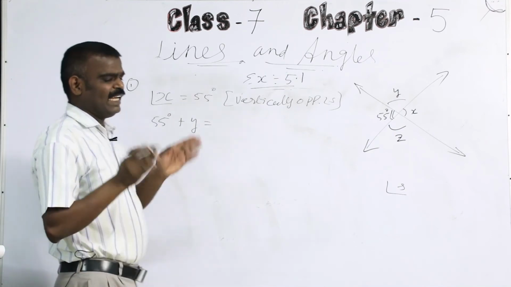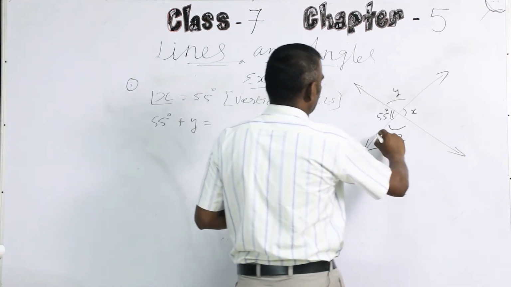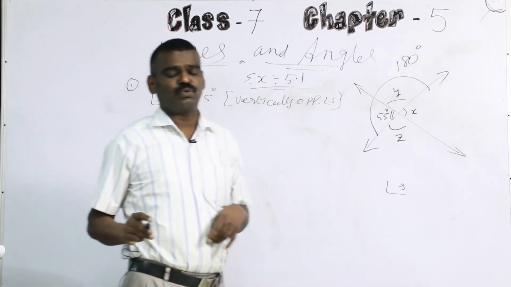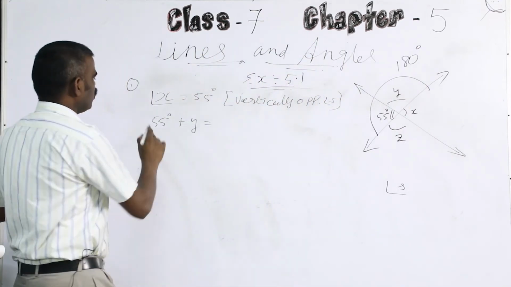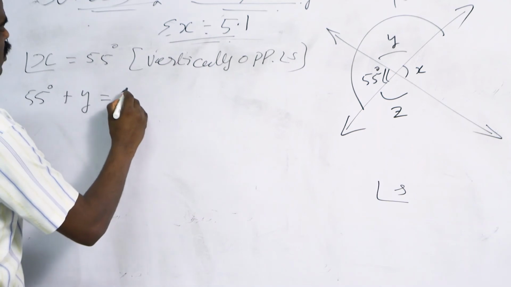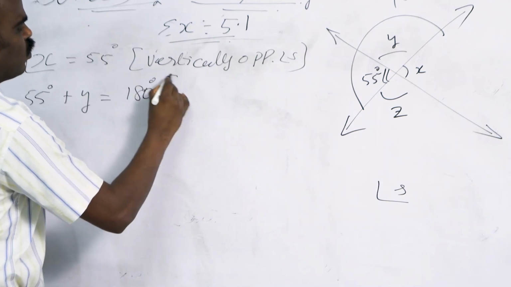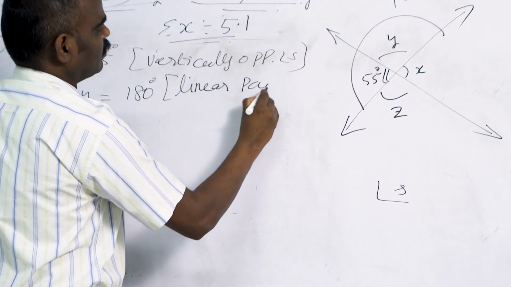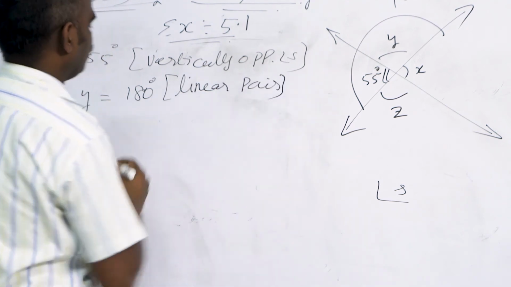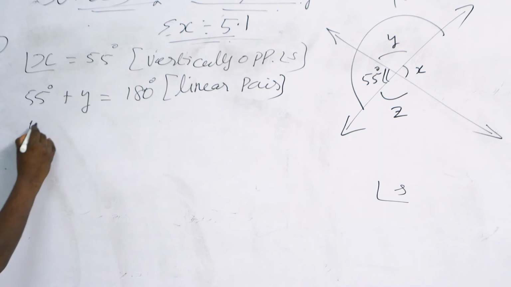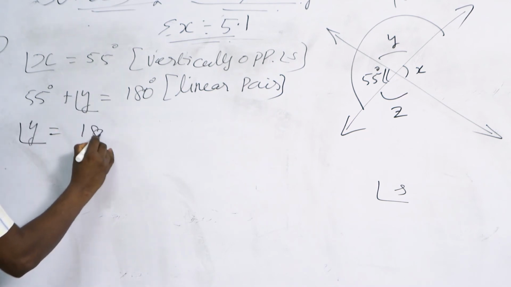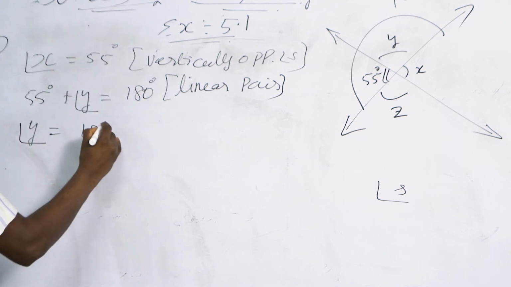A linear pair is always 180 degrees. So 55 plus y is equal to 180 degrees. Y is equal to how much? 180 degrees, take the 55 to the other side.